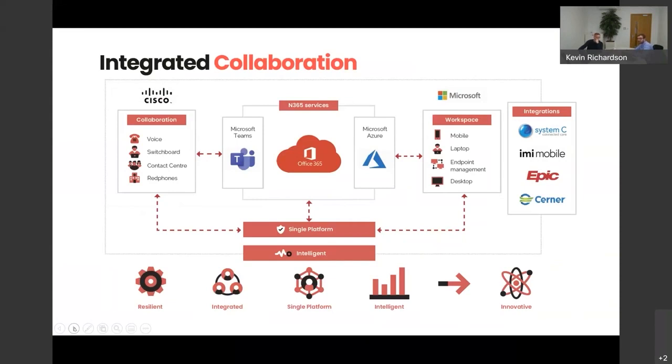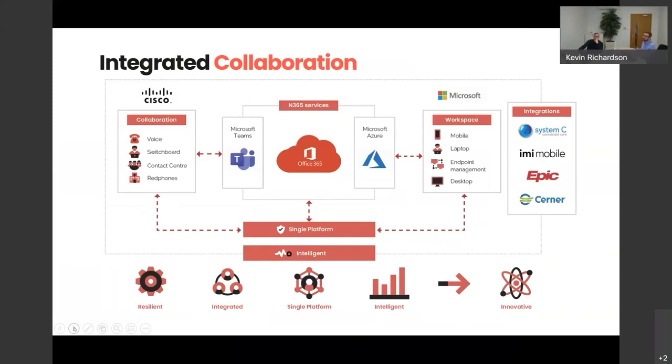Then a single platform, which we see as a key point. As we talk about management of the services and different management domains, our key focus is bringing all of that together so it can be delivered through a service portal, removing the complexity and administration burden traditionally there from managing these services, and leveraging the standardization and automation we spoke about before.